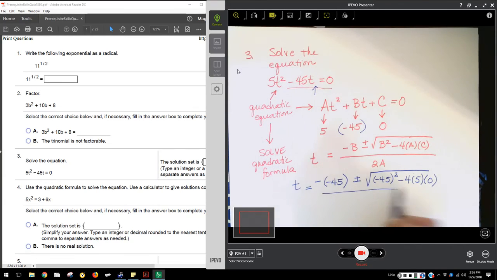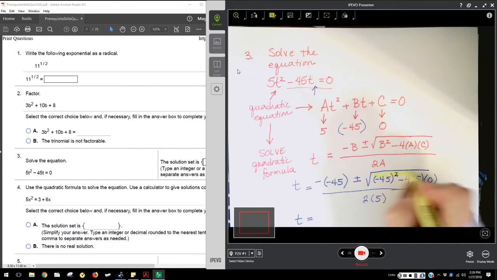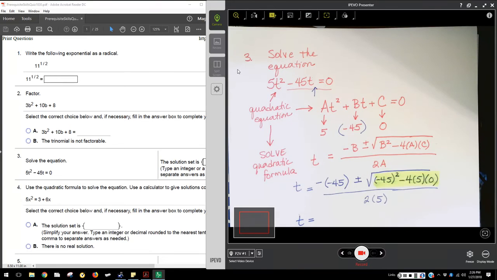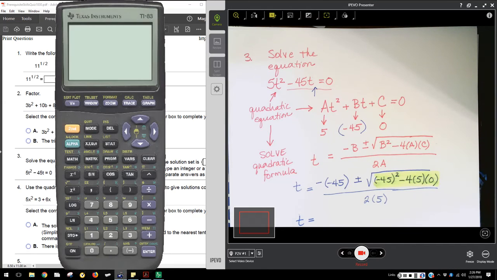And that's all divided by 2 times the value of a, which is 5. So now we're ready to do some arithmetic. The most difficult part of the arithmetic is actually called the discriminant, the part of this formula underneath the radical. Notice that the only thing we're doing there is squaring a number and then subtracting the product of 3 other numbers. So we're going to use the calculator just to make it easier.